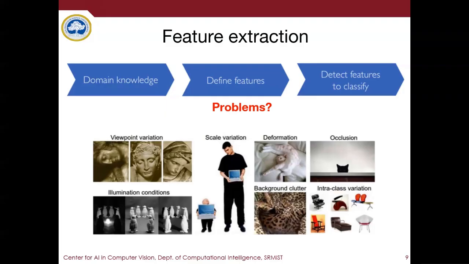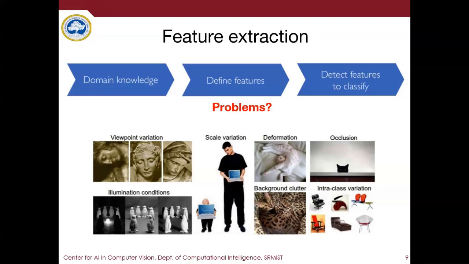Viewpoint variation: you train on a lot of photos taken in front mode, but then you take a photo from the side view, and you get something completely different from your training data. So the viewpoint completely changed. Then, as I told you, occlusion: when something is occluded, you will not get the whole features. Lighting conditions may change.